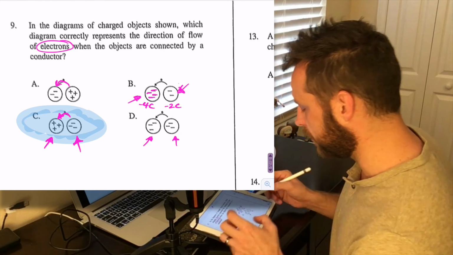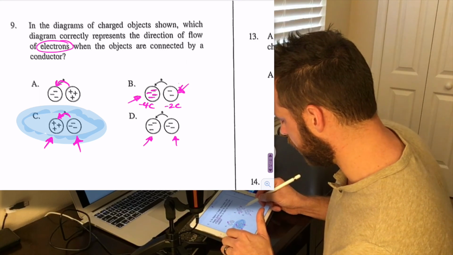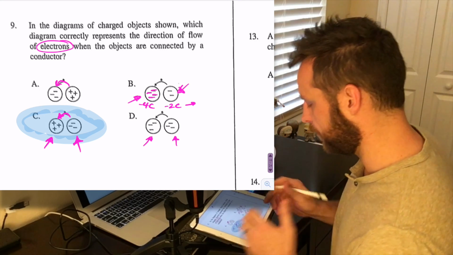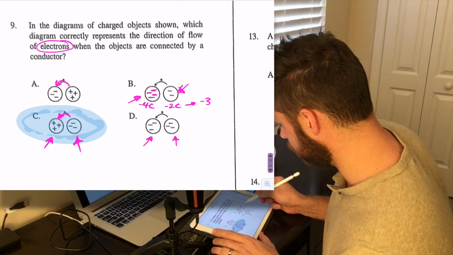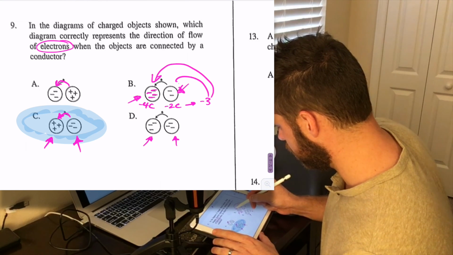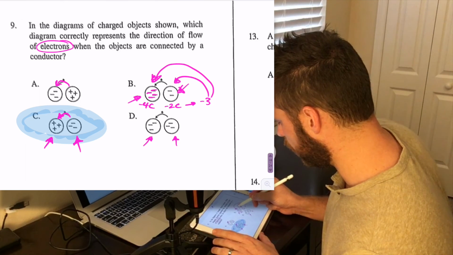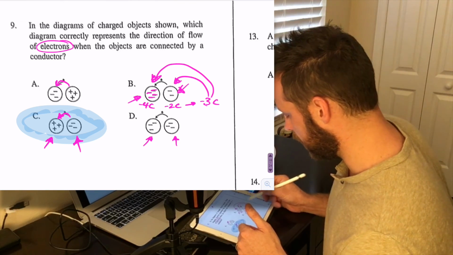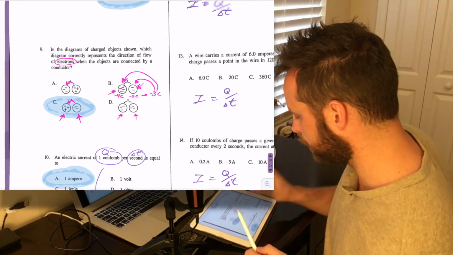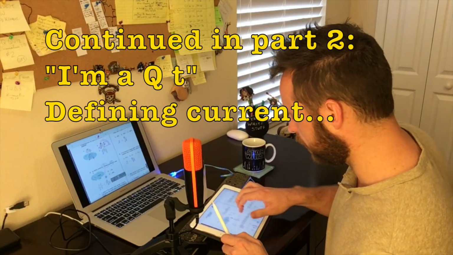And then after they touch, those will kind of even out, and so you'll have maybe a negative 3 coulomb charge on each of them. Total charge will be the same. Like overall, you had -6 when you started, and so you'll have -6 afterwards. But that's your little bit there. Now let's look at number 10.